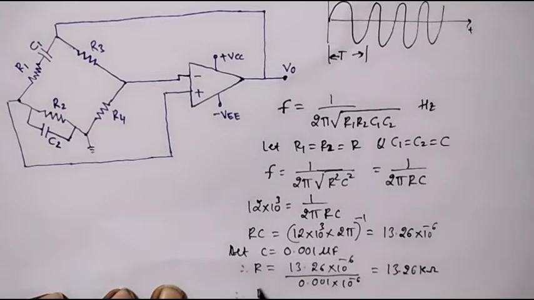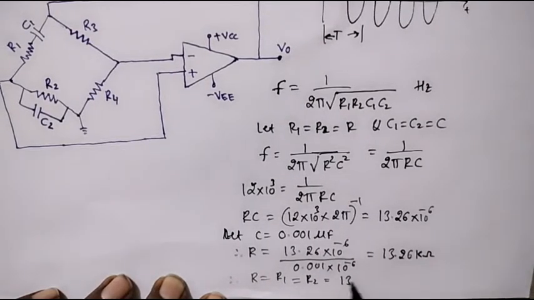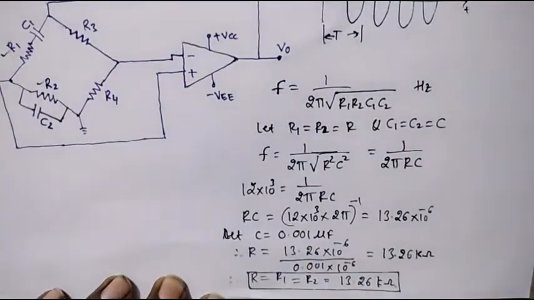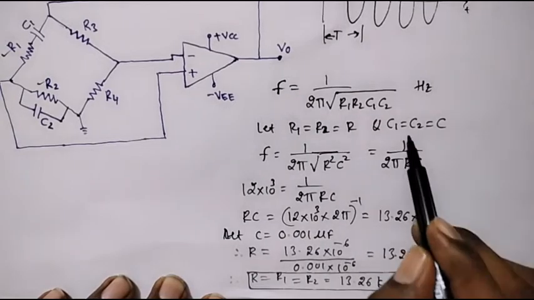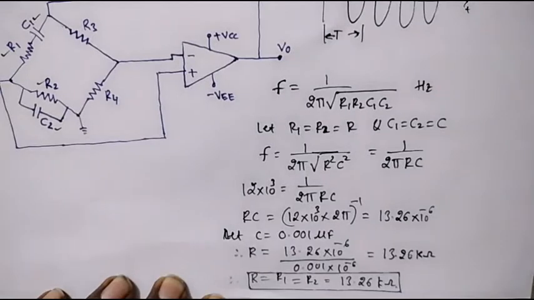Therefore, R is equal to R1 is equal to R2, which is equal to 13.26 kilo ohm. So we found the value of R1 and R2, and we have assumed C value 0.001 microfarad. So C is nothing but C1 and C2, so we found the value of C1 as well as C2.